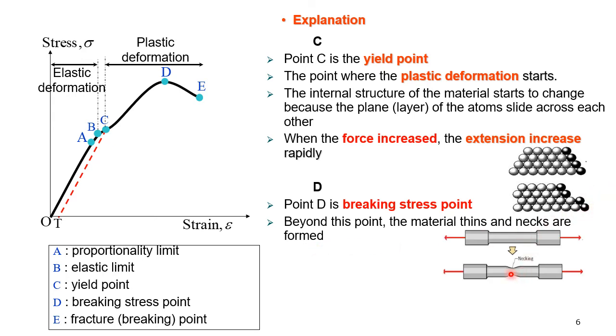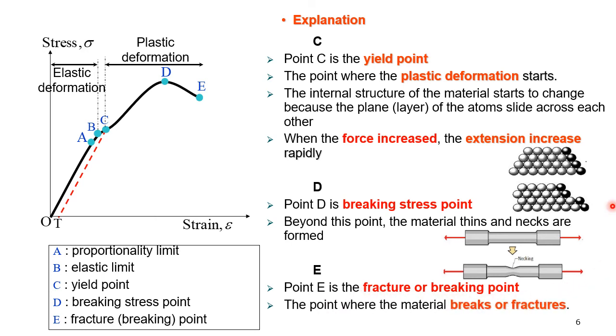After point D, the material thins and necks are formed. This is point E. Point E is the fracture or breaking point. It is the point where the material breaks or fractures.